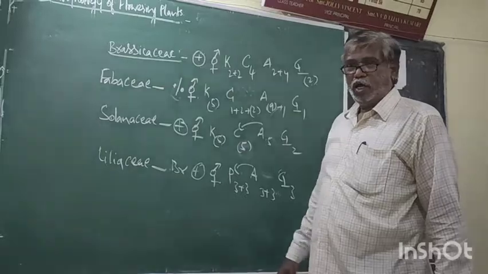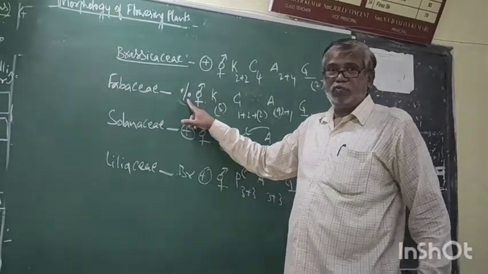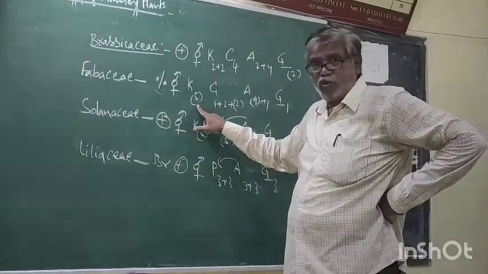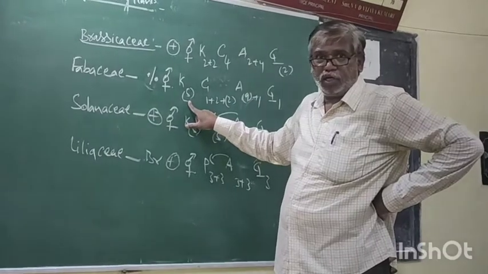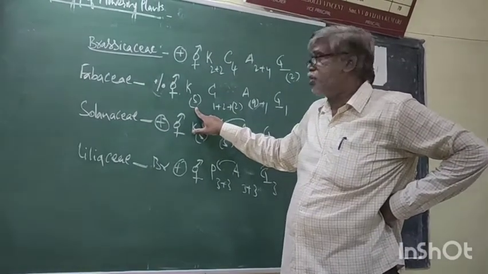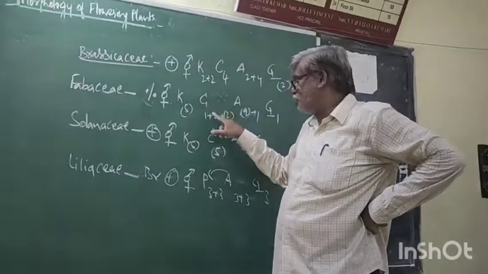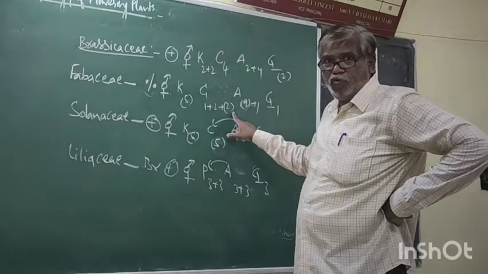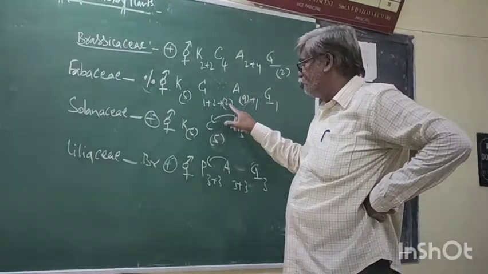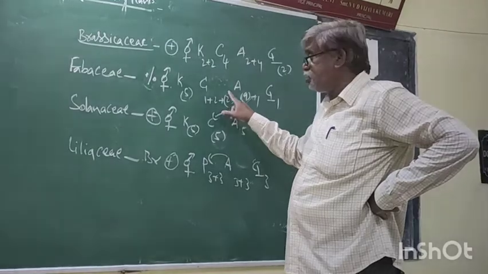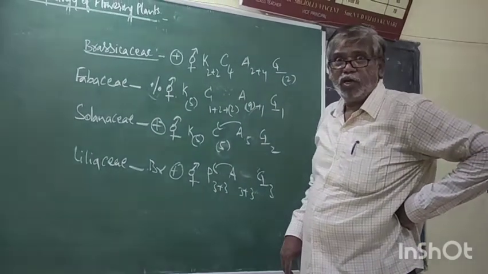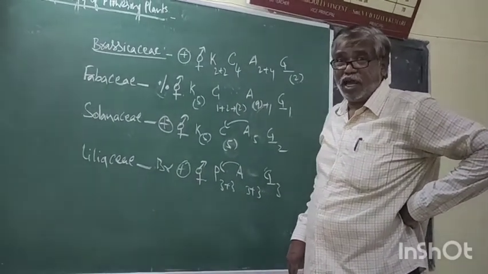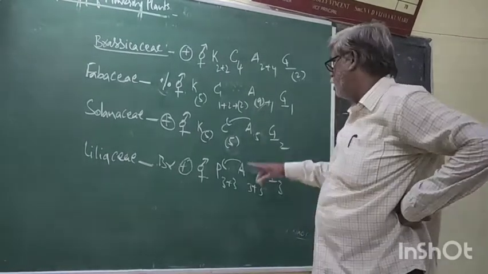Now come to the formula. What is this? Symmetry. Sepals are 5, united. Now what is this? Petals. How many? 5, in the pattern 1, 2, 2. This is the Fabaceae: wing, standard, keel.